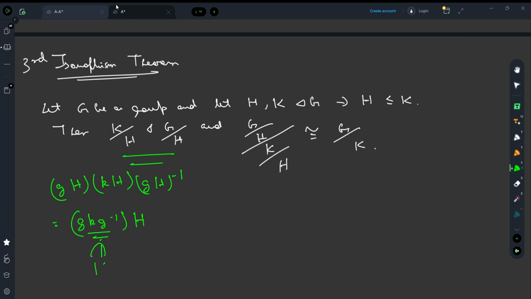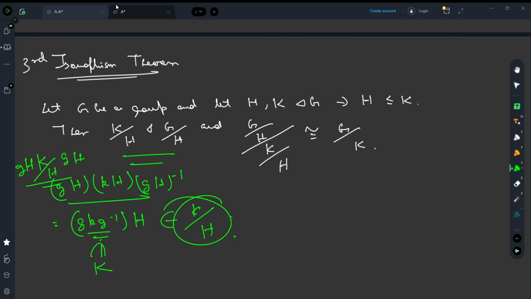So this element must be in K. So this is an element in K mod H. We started with an element gH and the conjugate comes here.